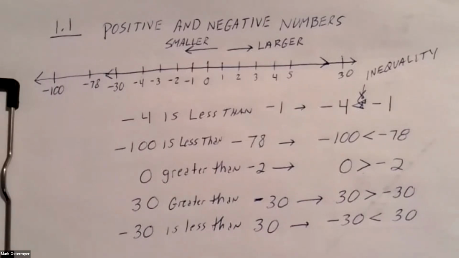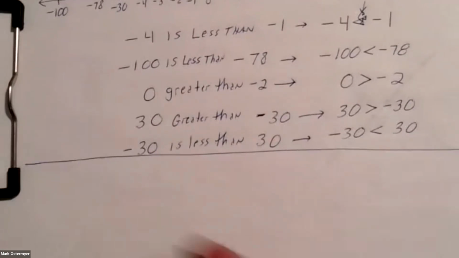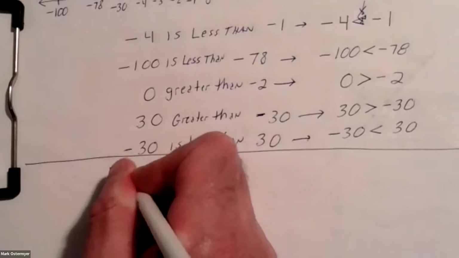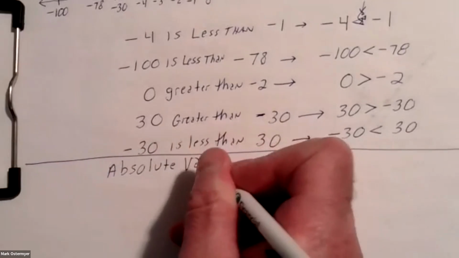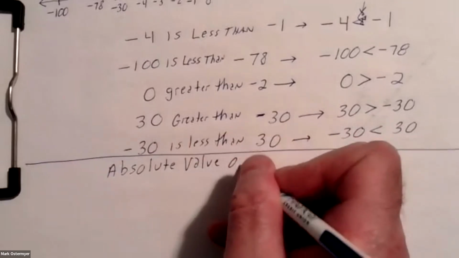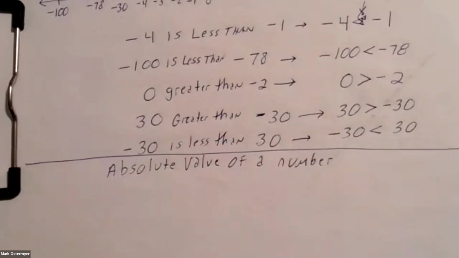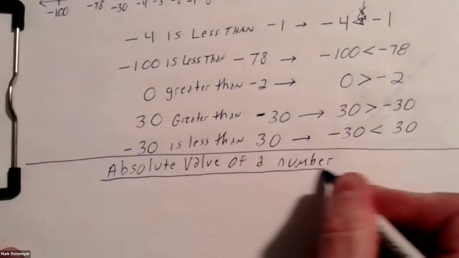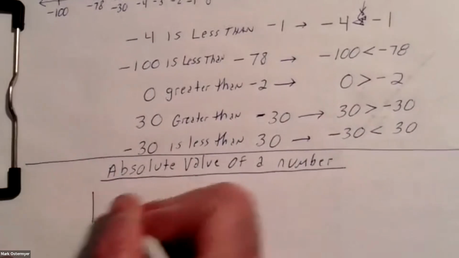Okay. Now, the next thing, Liz, that we're going to run into is something called the absolute value of a number. Absolute value of a number. Okay, and there's symbols that represent the absolute value function in mathematics. It's a set of vertical bars.